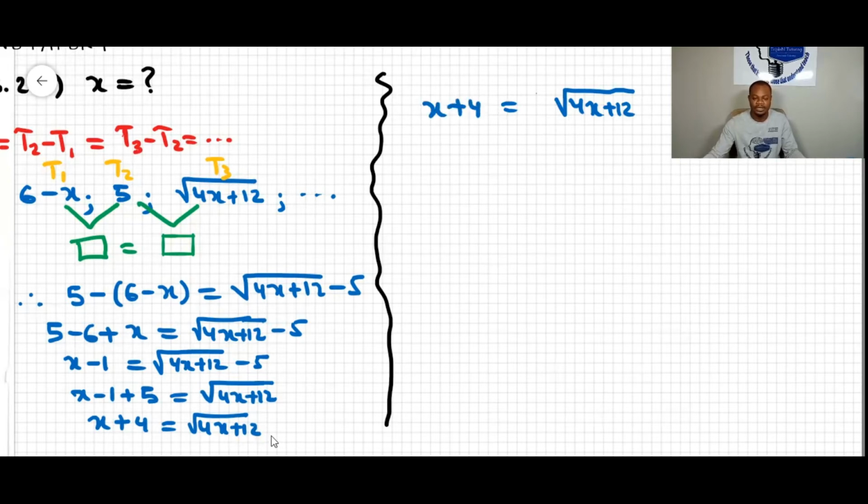To find x, we can raise both sides to the power of 2. Why to the power of 2? Because I need to get rid of the square root. Then this will be x plus 4 in brackets, to the power of 2, and the power of 2 here will cancel the square root, and then there will be 4x plus 12.